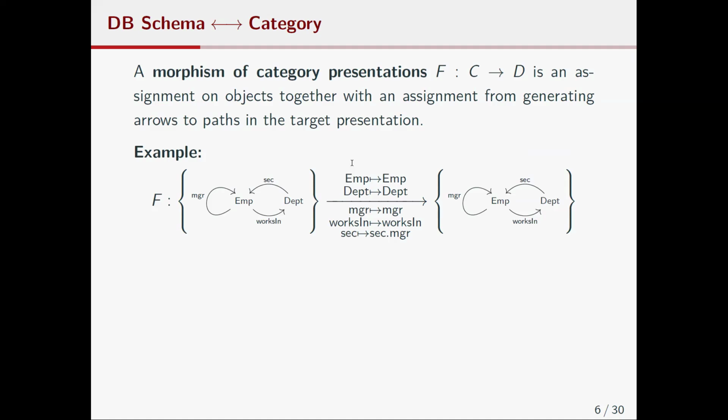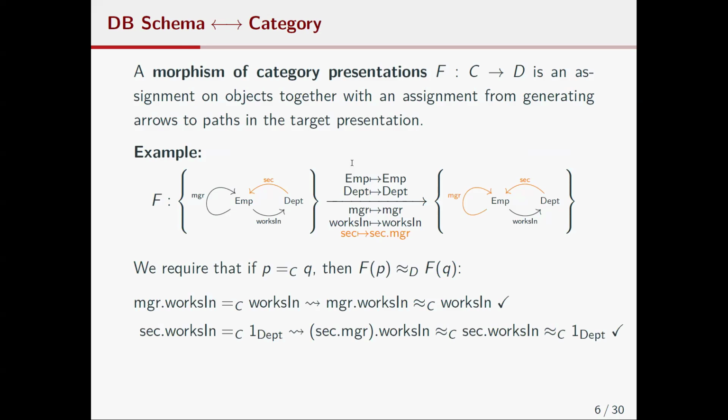In this case, we are looking at an endomorphism of our beloved example, which is sending each object to itself. It's sending the arrows manager and works-in to themselves too. And the only interesting thing is it's sending the secretary arrow, which I also like because you could read it as section, because you're requiring that it's a section. It's mapped to sec followed by manager.